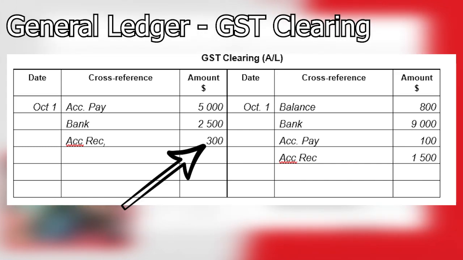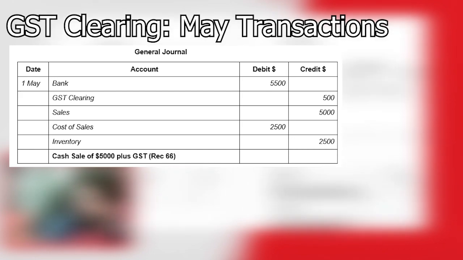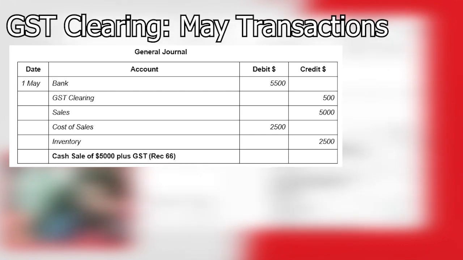So where does this go on reports? How does this look on the ledger? If you have a look at the ledgers here, you can see from the first transaction in May, the sale, it's a credit of 500.